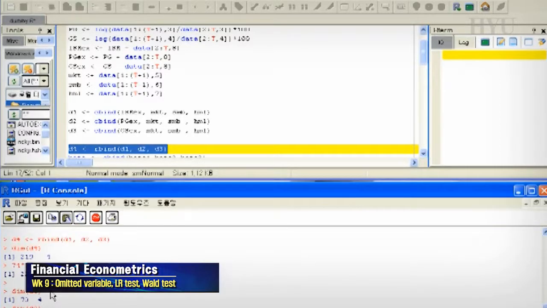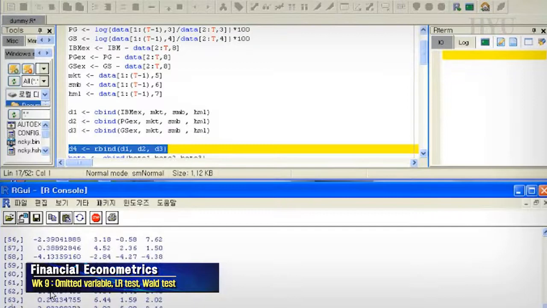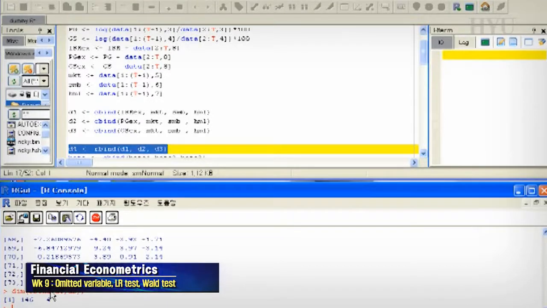T1, T2, T3. Very weird. Okay, which is right. Okay.